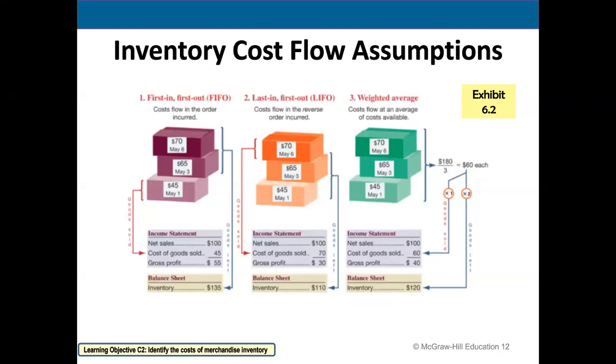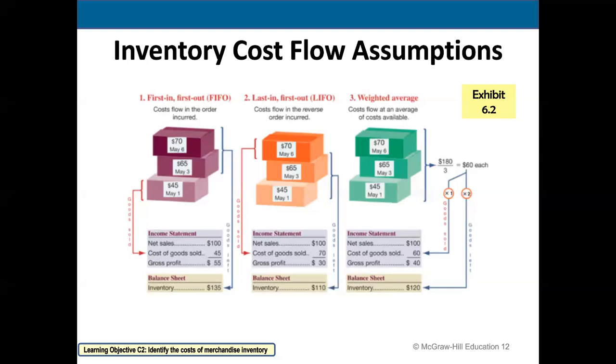It's that easy. The problem is that oftentimes we purchase inventory in multiple lots or multiple groups of inventory, and the cost isn't always the same, meaning prices fluctuate up and down. So we could have the exact same item sitting on our shelves or in our storage, and some units of that item cost more or less than other units.